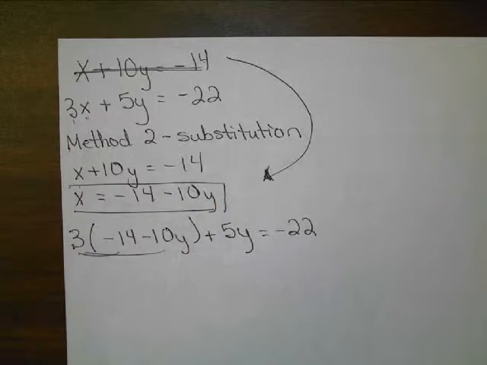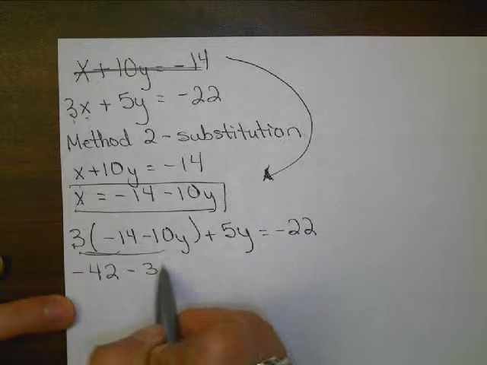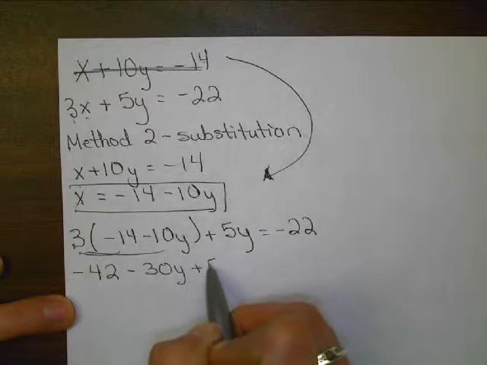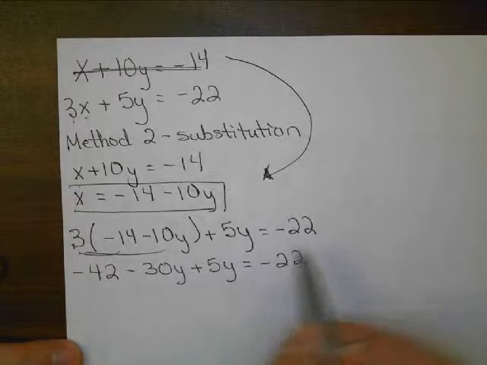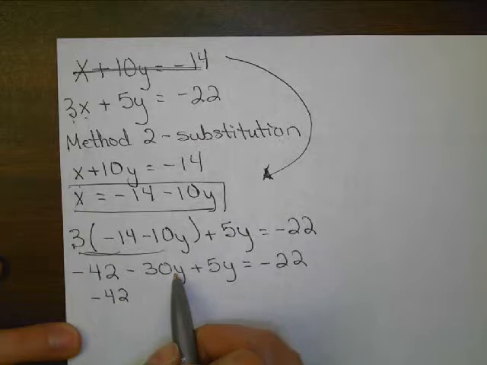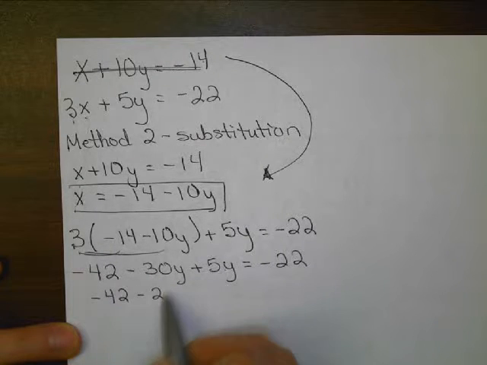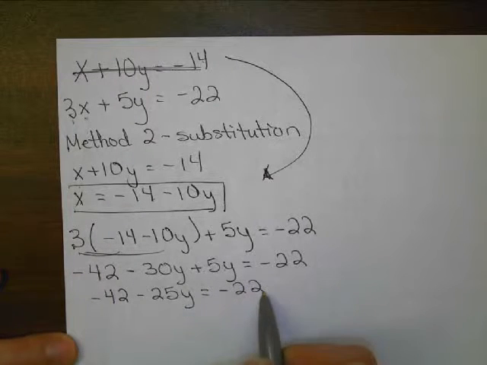Now I distribute here. So 3 times 14 is 42, so this is negative 42 minus 30y plus 5y equals negative 22. And now I'll combine my like terms. So negative 42, and I have negative 30 plus 5, which is negative 25y. That equals negative 22.